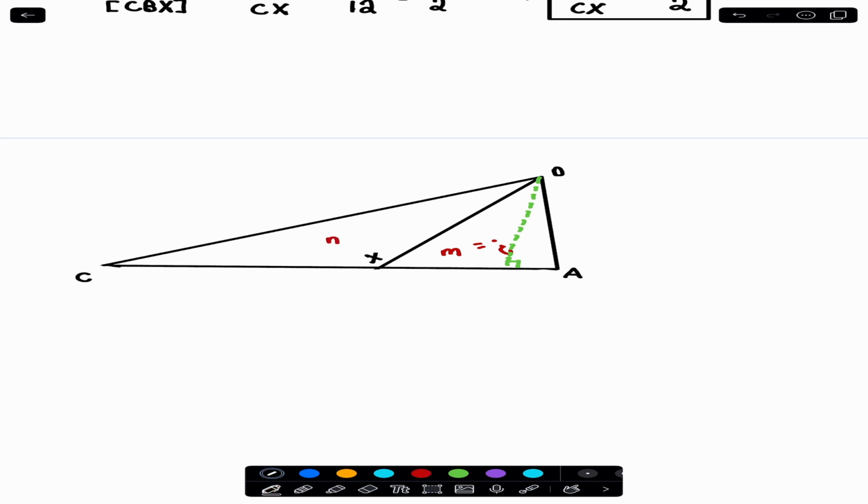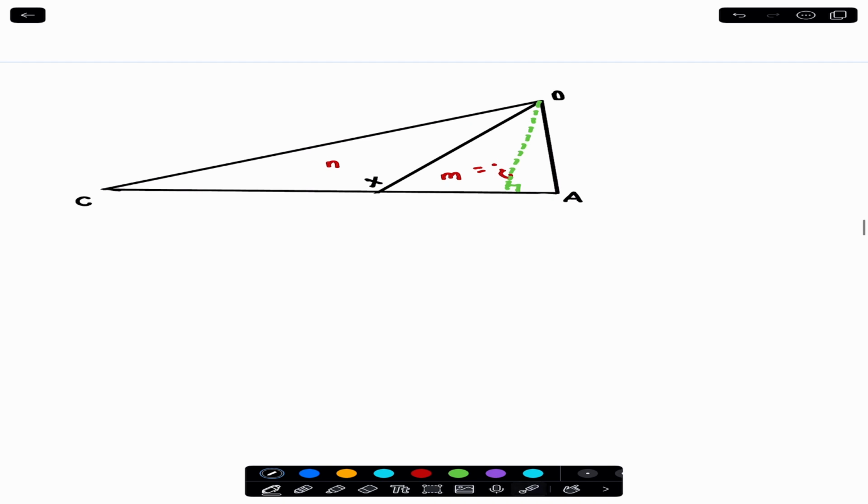I hope you see the two triangles which share an altitude. Triangles ADX and CDX share an altitude from point D.